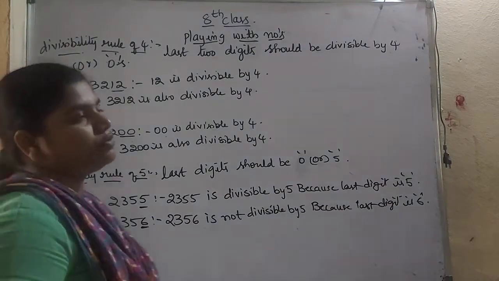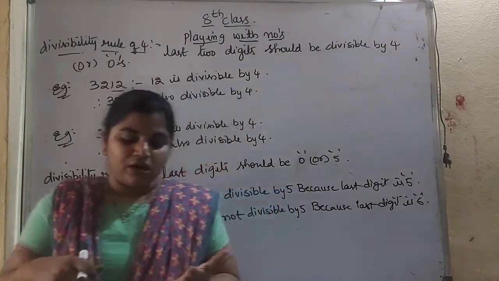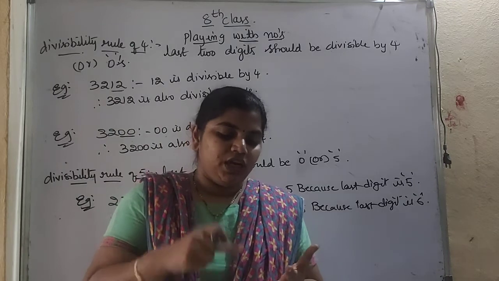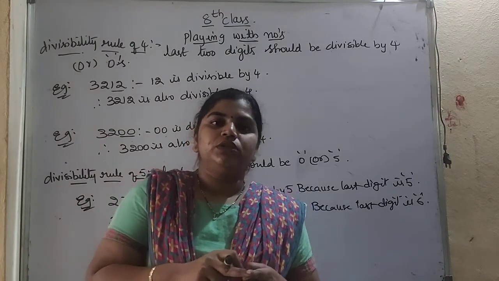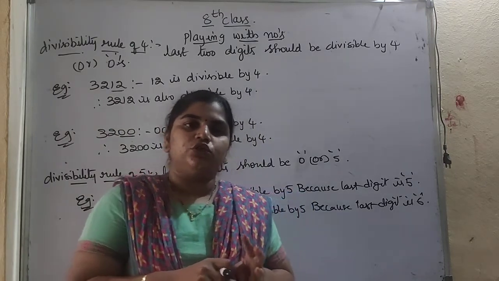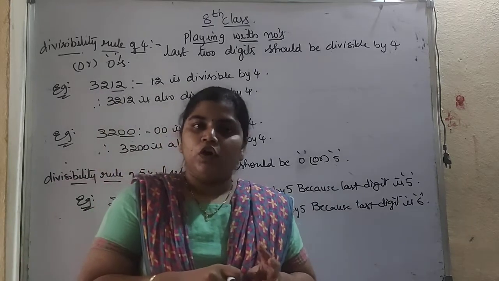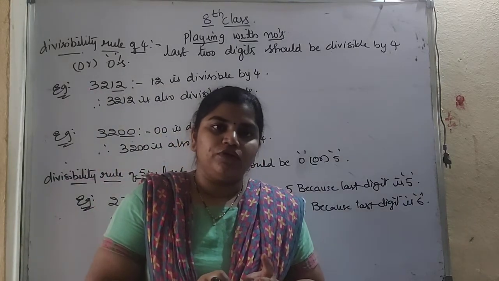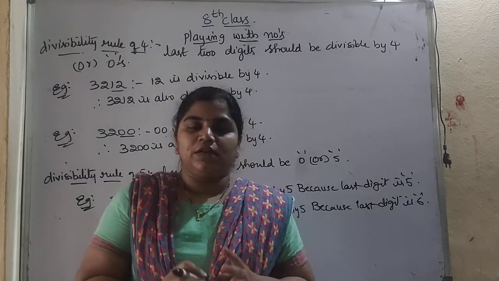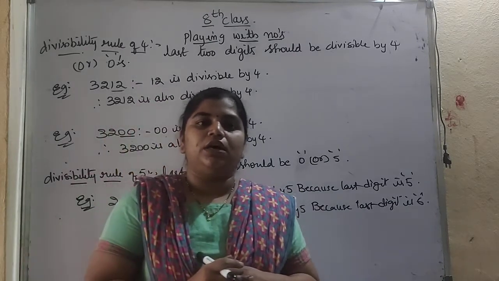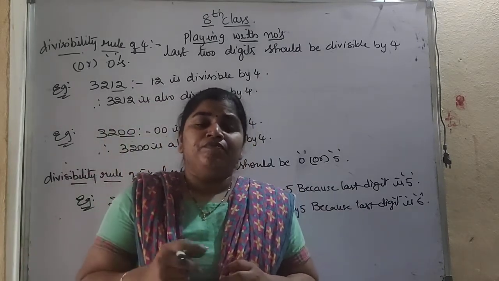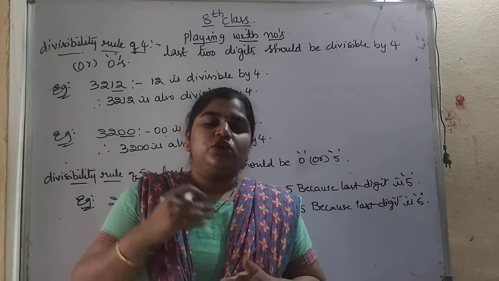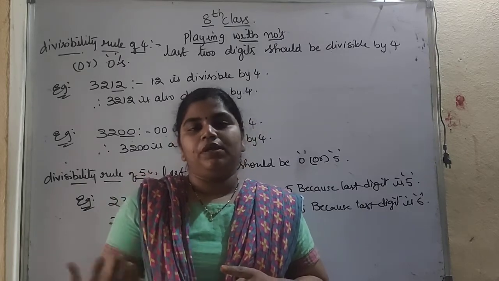So how many divisibility rules have we learned? We have learned the divisibility rules of 2, 3, 4, 5. The rule of 2: the last digit should be an even number. The rule of 3: the sum of all digits. If you add all the digits in the given number, the sum should be a multiple of 3, and then it will be divisible.